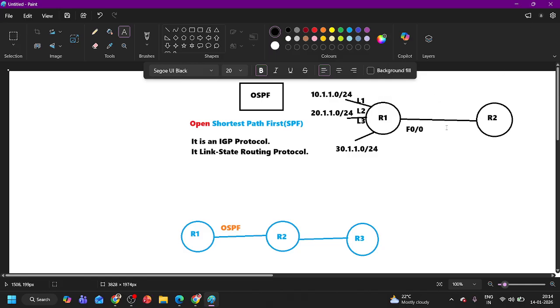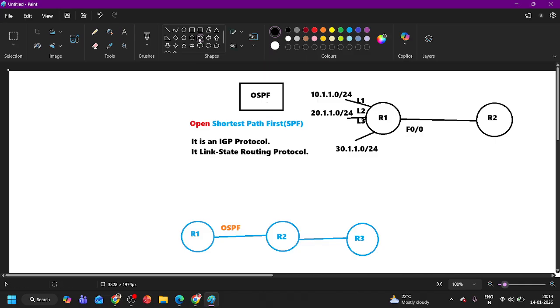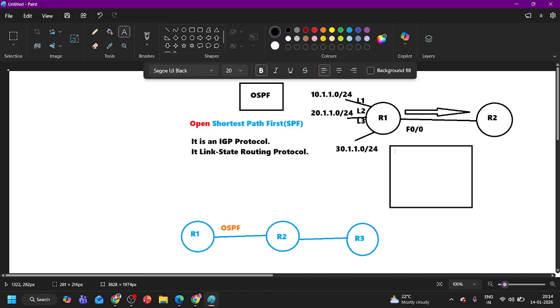If you are running any distance vector routing protocol here, or advanced distance vector routing protocol, meaning RIP version 2, RIP version 1 or EIGRP, in that case router 1 is going to give the information of these networks to router number 2. Router 1 is going to generate an update message, and in that update message it will include these prefixes, like I have a network 10.1.1.0/24, and it will share some K values, right, that router 2 can use to calculate the metric.